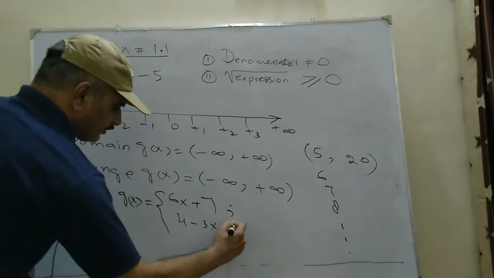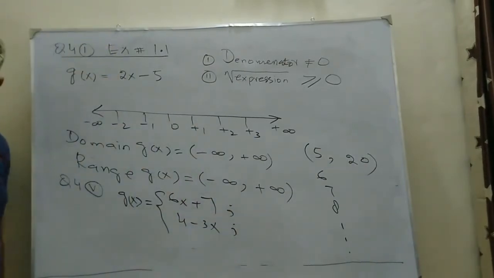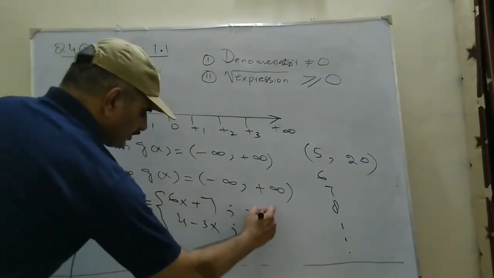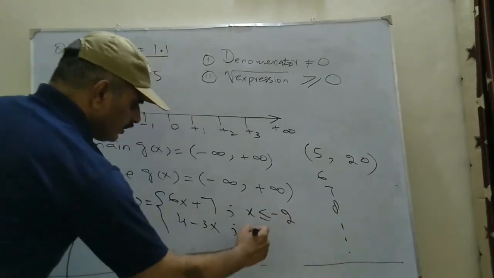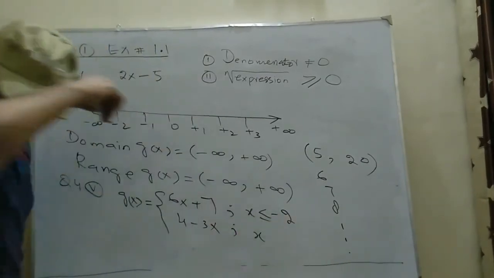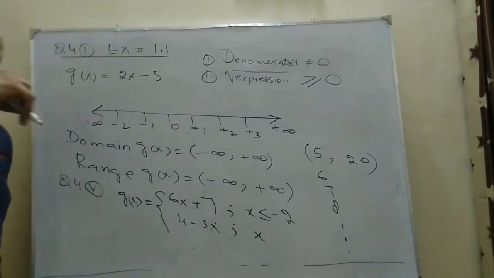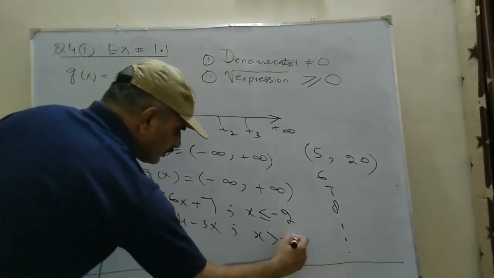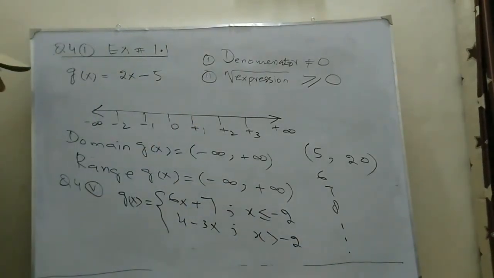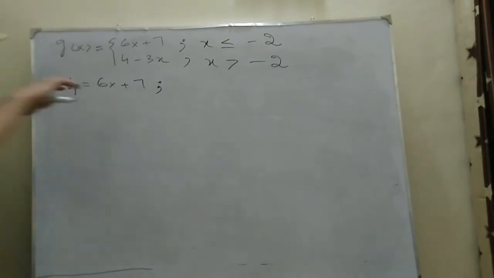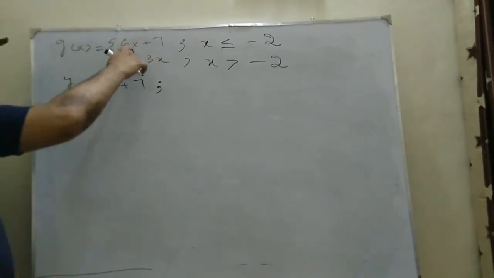And there is a restriction. In the first part, the restriction is x is less than or equal to minus 2, and in the second part, the restriction is x is greater than minus 2.